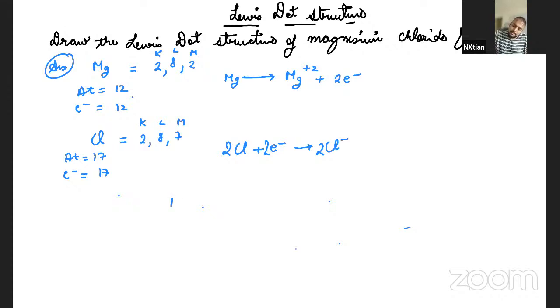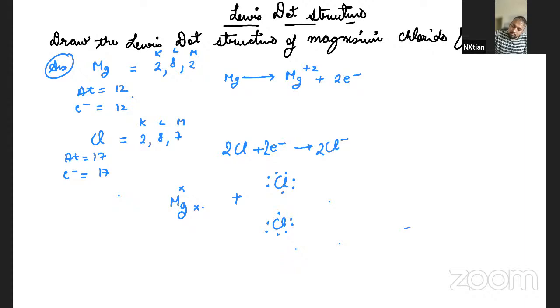So what will happen? This Mg is giving 2 electrons to chlorine. The chlorine outermost shell has 7 electrons. This also has 7 electrons.